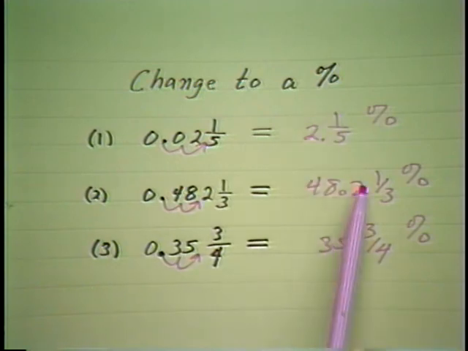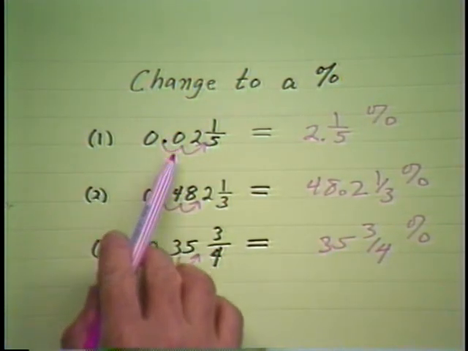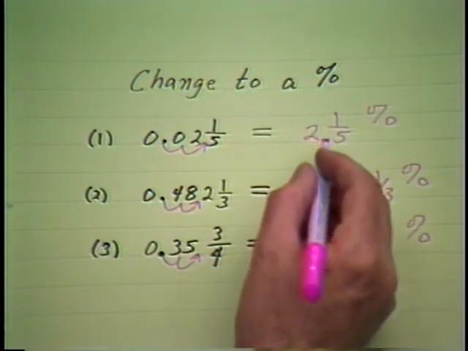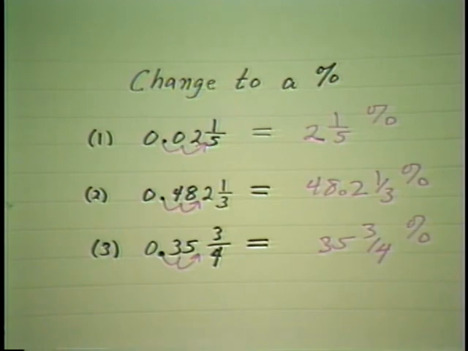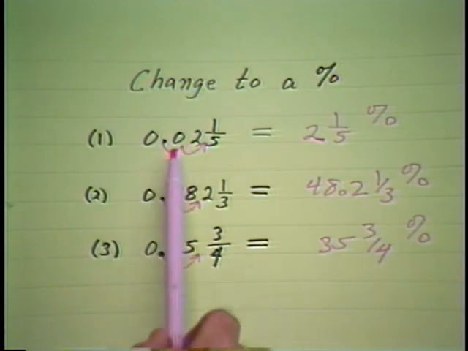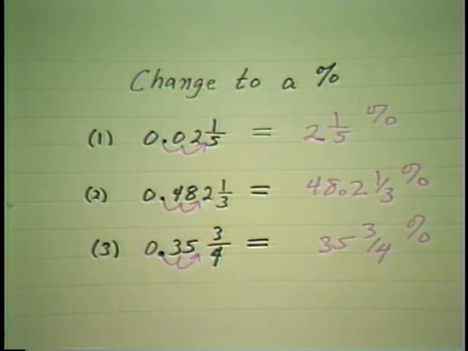The fraction just stays on the end as it did here. Only the decimal point has moved. And of course the decimal point behind a whole number really isn't necessary. So the basic rule of moving the decimal point 2 places to the right never changes.